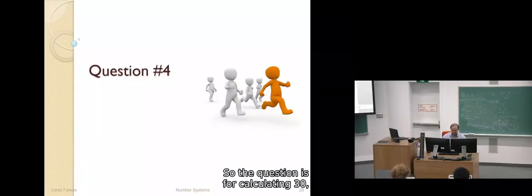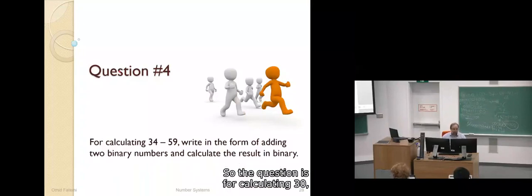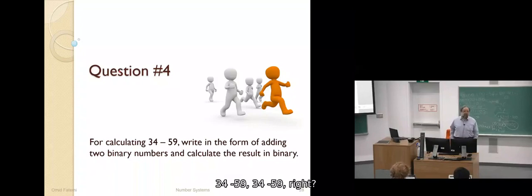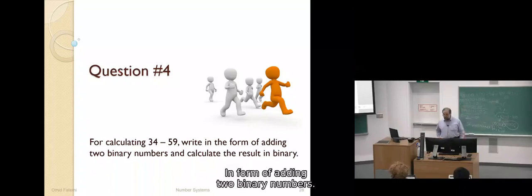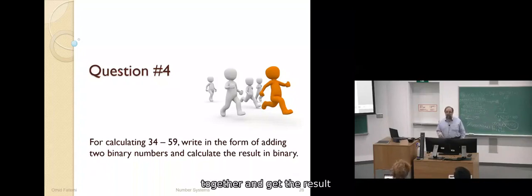So the question is, for calculating 34 minus 59, write it in the form of adding 2 binary numbers. So, of course, it means that you take the 2's complement of 59 and then add it to 34 and get the result, and tell me what the result would be.